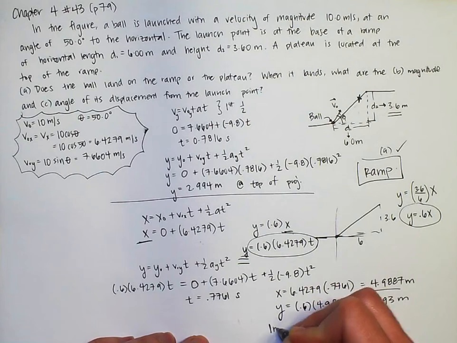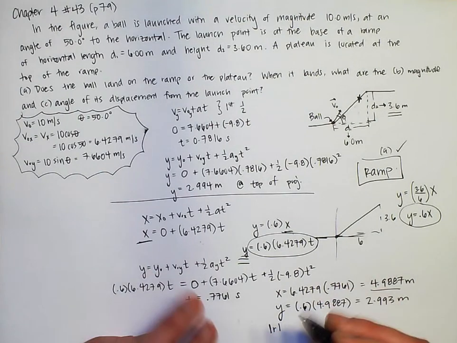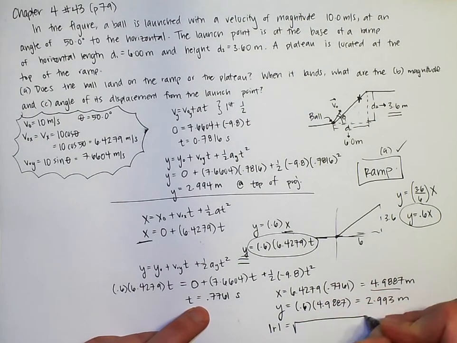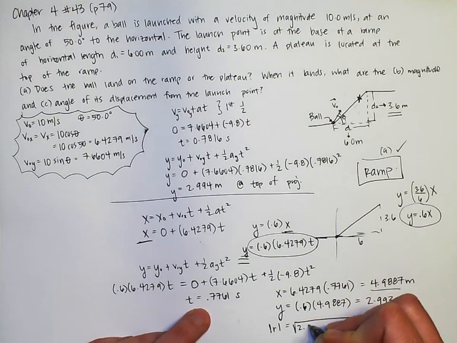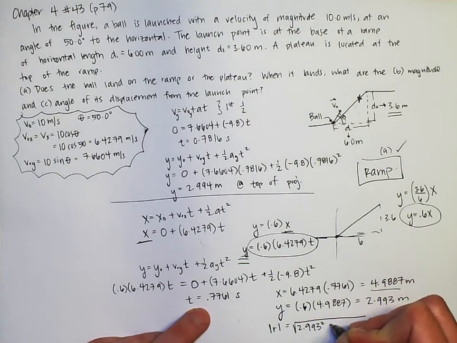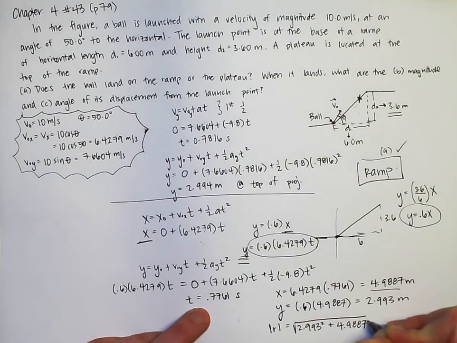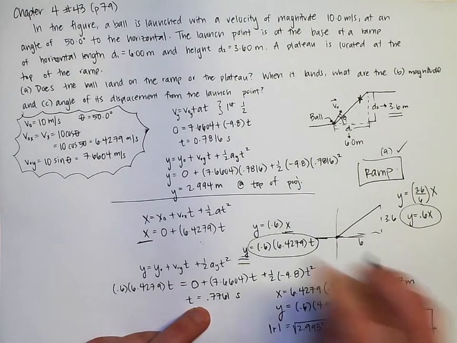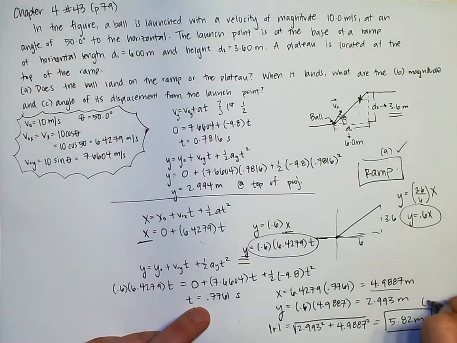And so I'll call that r with absolute values for the magnitude. And we're just going to use these two things. And so I have 2.993 squared plus 4.9887 squared. And we're going to find out that that magnitude is 5.82 meters. So that's the answer for part B.